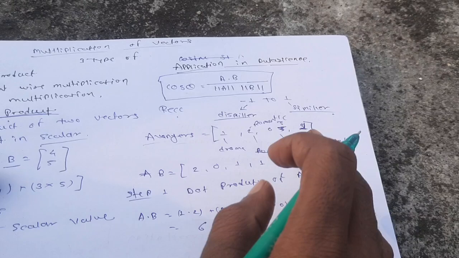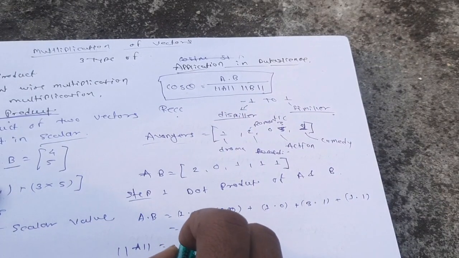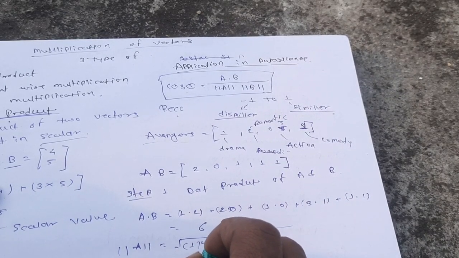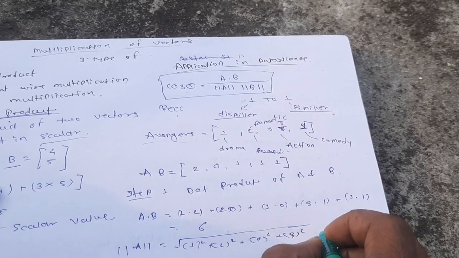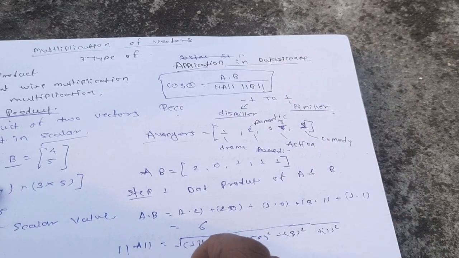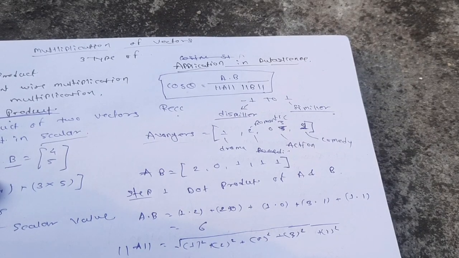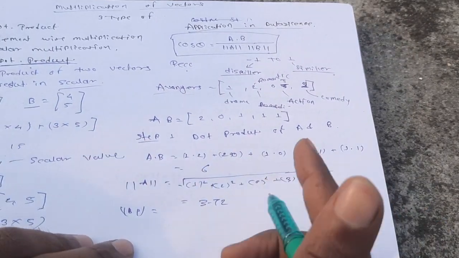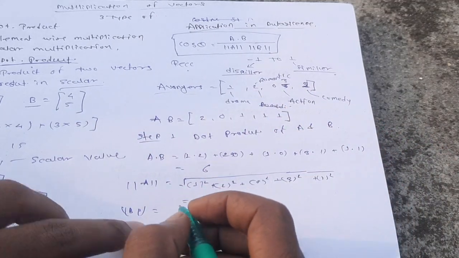Similarly, find the magnitude of A and B. The magnitude of A is the square root of 1 square plus 2 square plus 0 square plus 3 square plus 1 square, which is 3.87. Similarly, for the magnitude of B, you can calculate it yourself, and I am directly putting the value.